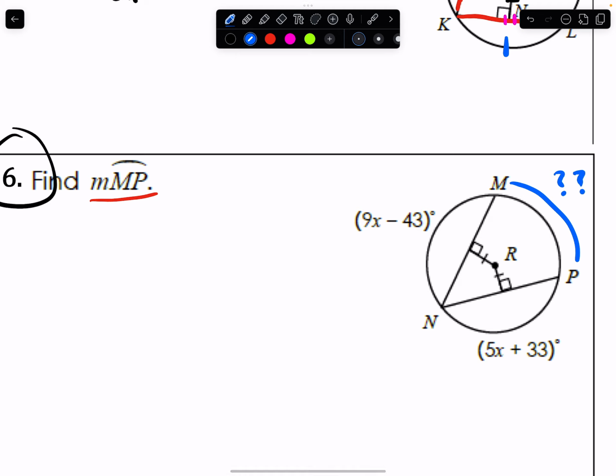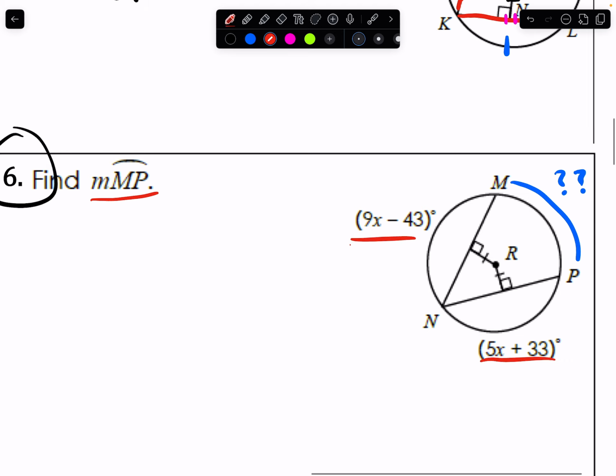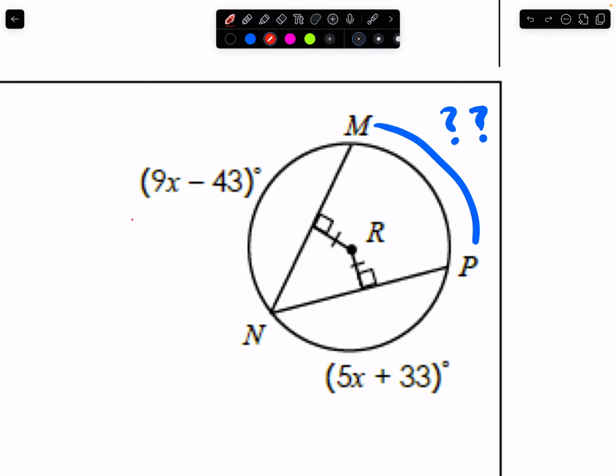We do have this and this. Prior to setting them equal to each other, we need to know why they're equal. Look at the picture and identify this with me. This and this are equidistant. Now we're kind of working backwards.